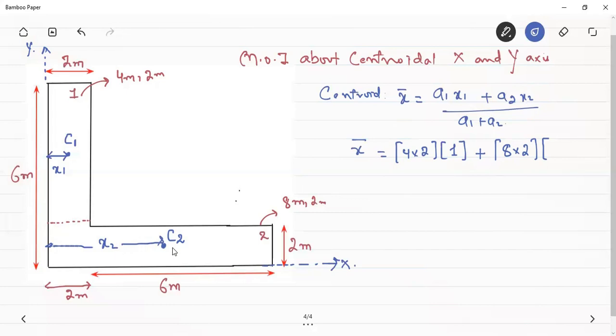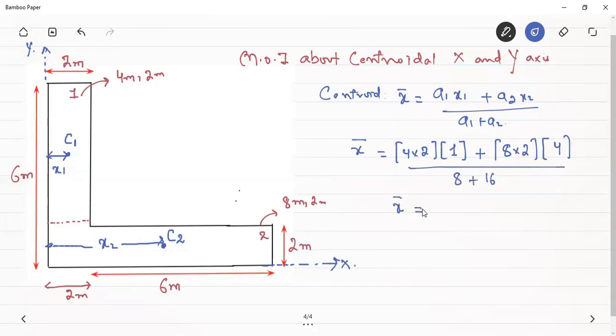You can see that this complete distance is equal to 8. Its centroid will be lying at half, therefore 8 by 2 will be equal to 4. The areas will be 8 plus 16.